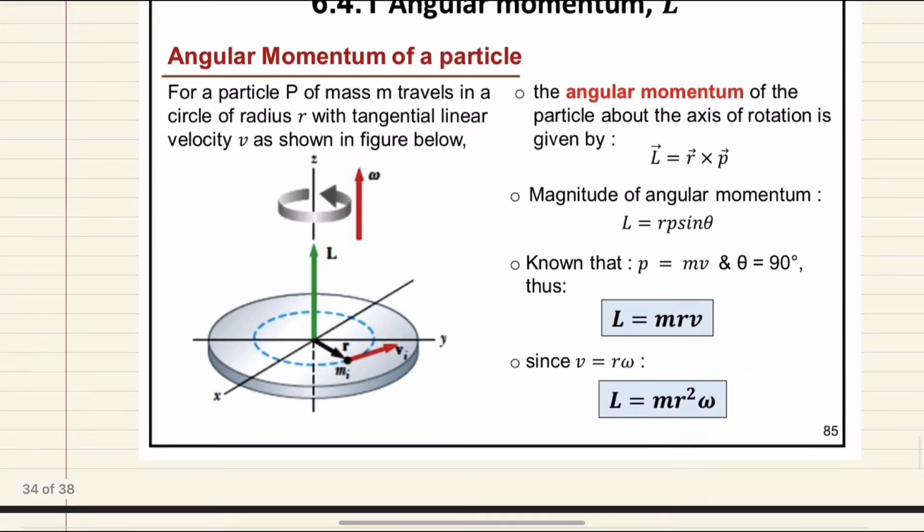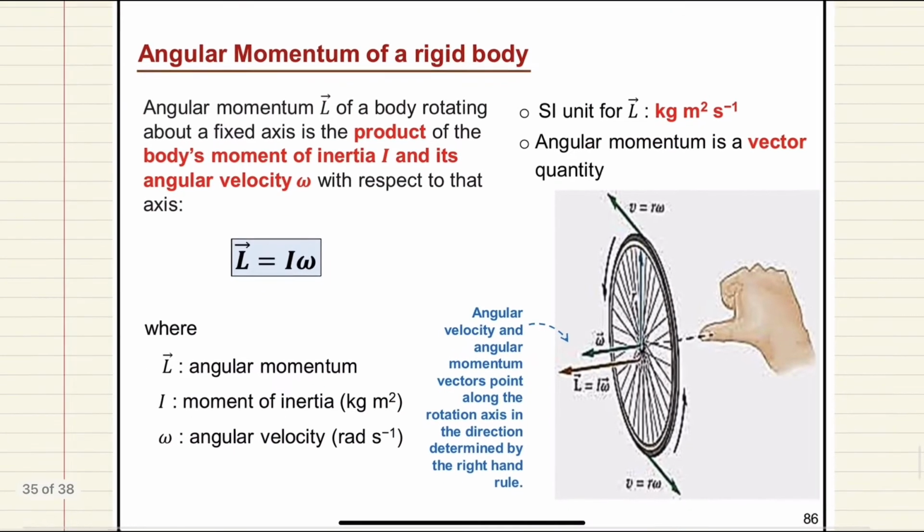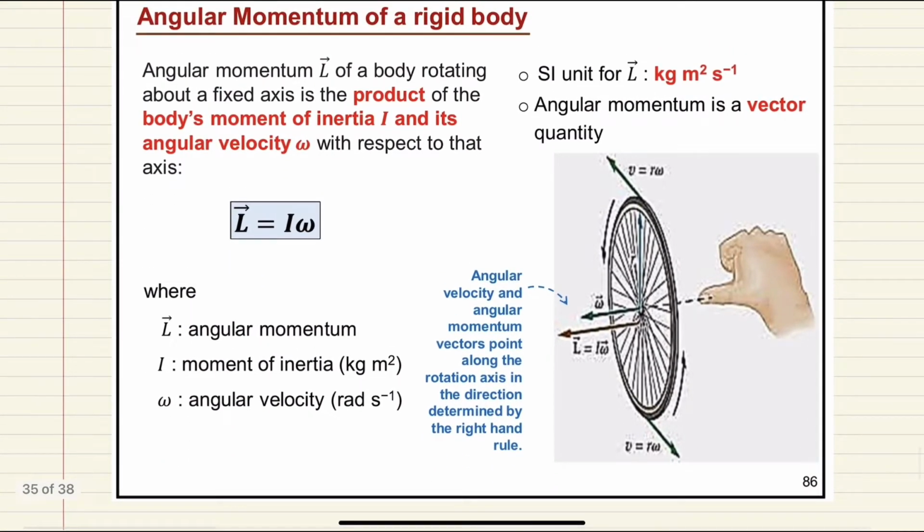If I change to omega, we have this one, and m r squared is basically your I from the previous subtopic. So the key formula that we will discuss in this chapter is L equals I omega.